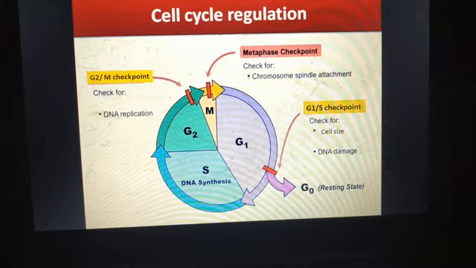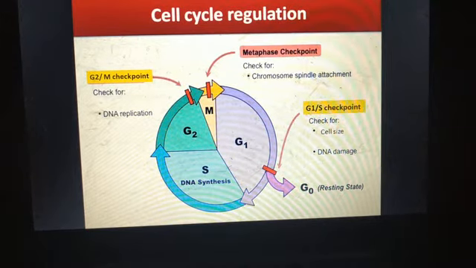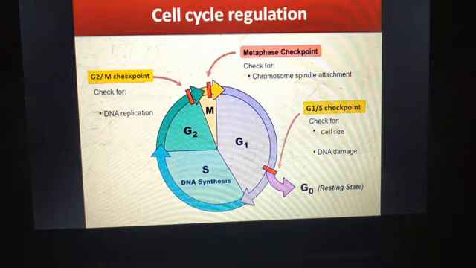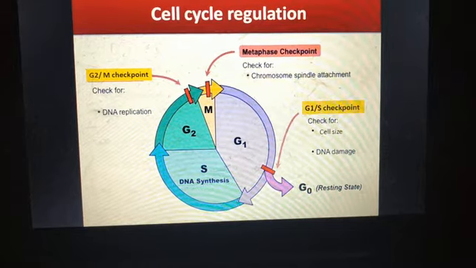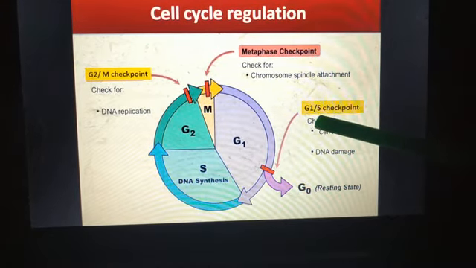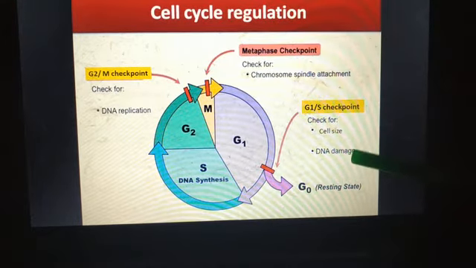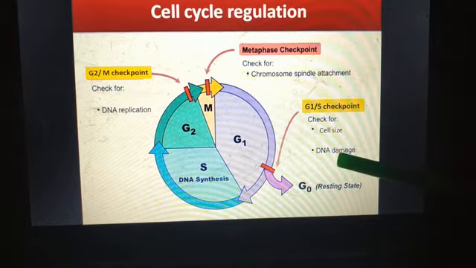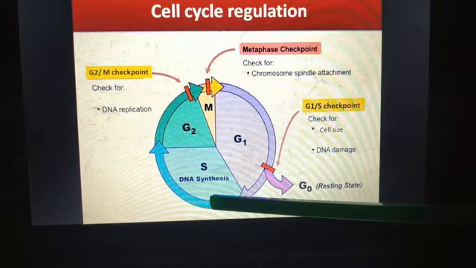We will study about cyclin and CDK, that is cyclin dependent kinase, in the next video, in the next slide. So in the G1 and S checkpoint, the cell checks for cell size and for any DNA damage, and if everything is okay, then the cell will enter into the next phase, that is the S phase.